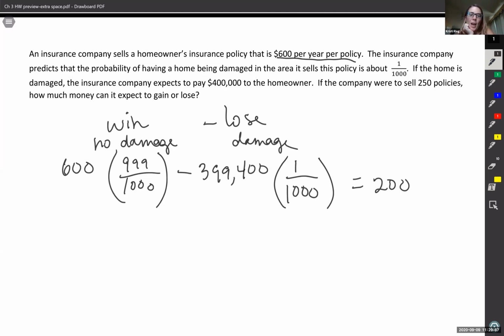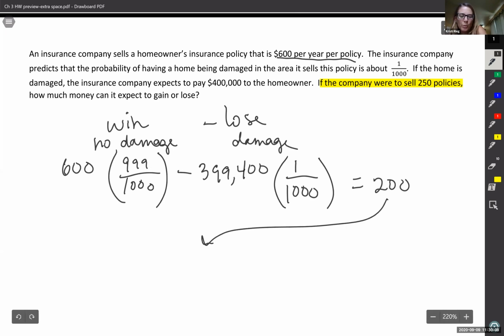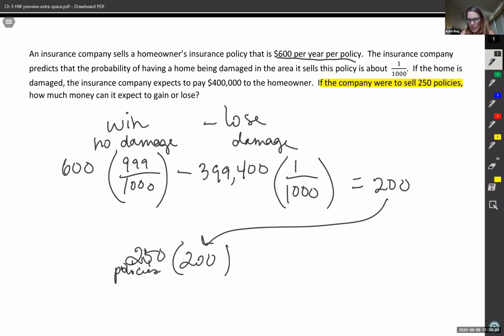Okay. However, the question says if the company were to sell 250 policies. So I need to take that 200, which is for one time, and multiply it by 250 policies. Obviously an insurance company isn't just dealing with one customer, they have many customers.